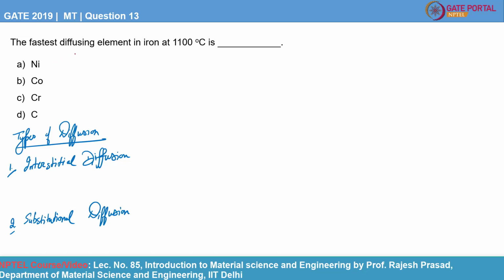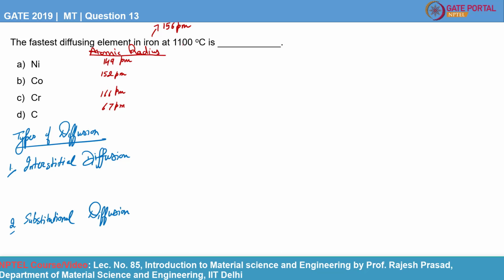Atomic radius for nickel is 149 picometer. For cobalt, it is around 152 picometer. For chromium, it is 166 picometer. For carbon, it is 67 picometer. And for iron, it is 156 picometer. So this is the atomic radius of all these elements.